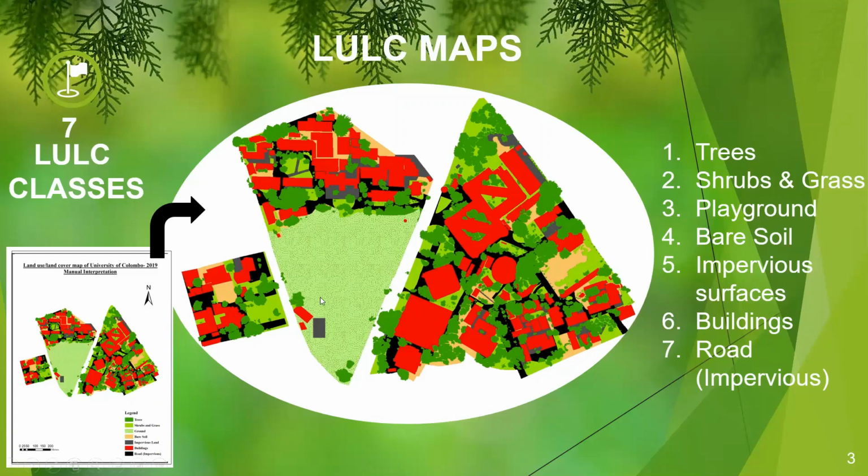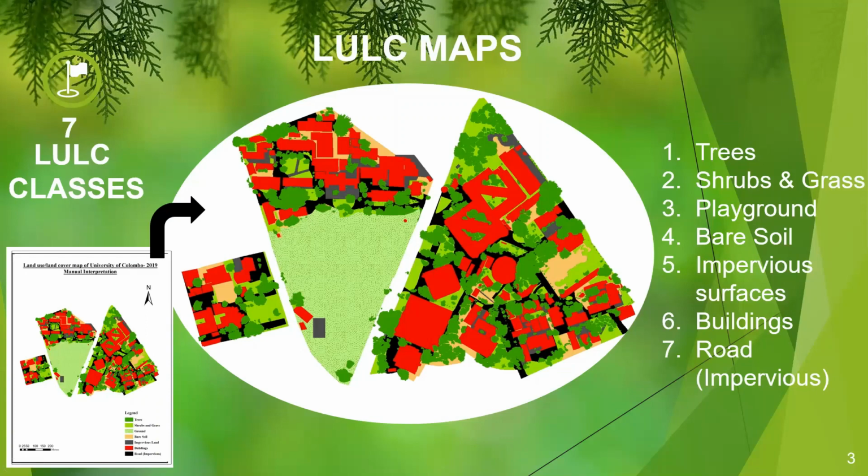Now, coming back to the land use classes, we identified several classes. To be specific, it is 7, starting from trees, shrubs and grasses, then impervious surfaces, impervious roads, likewise, which are denoted here using different colors.